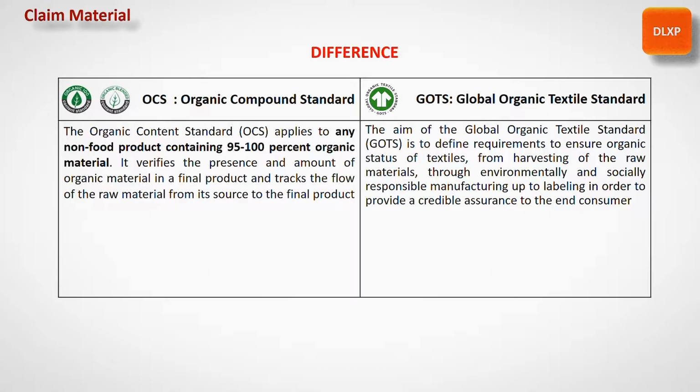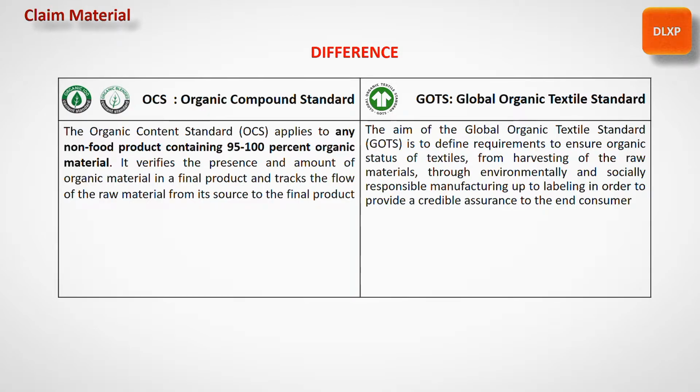So definitely GOTS is more focused on organic from the fields up to the labeling, meaning all the processes to produce a product are covered in the GOTS standard, which also focuses on social as well as environmental aspects.